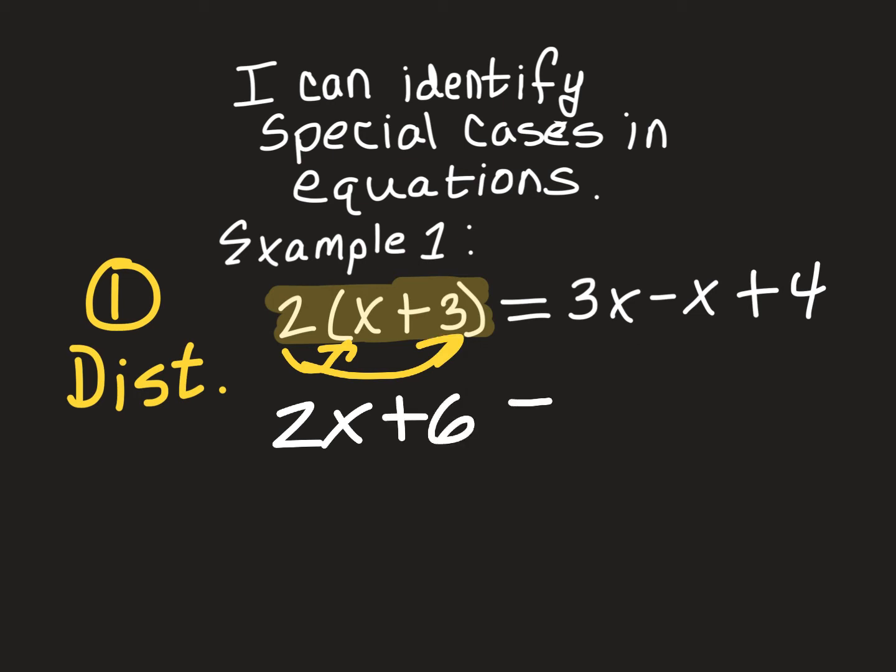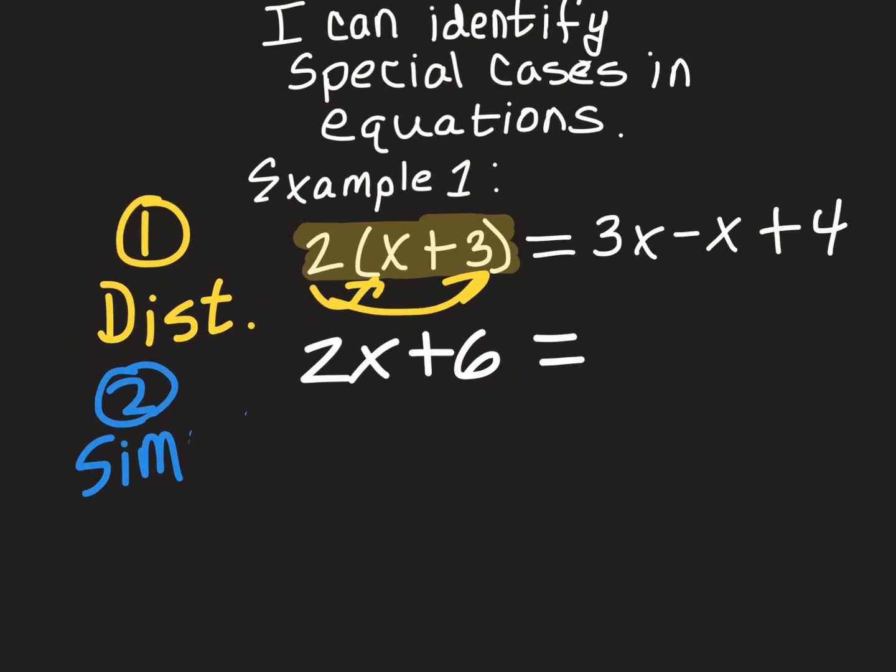So our next step is that we need to look and see, is there anything that we can simplify? Can we make this a little bit more simple? Is there anything we can combine on the same side of the equal sign? Anywhere? First of all, can we combine an x and a 6?